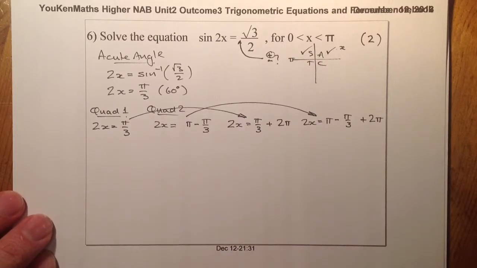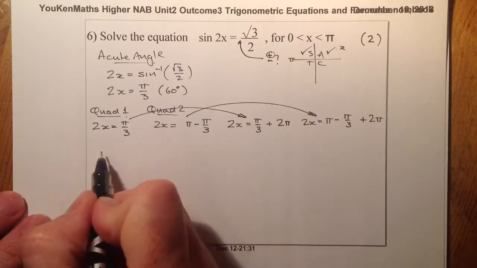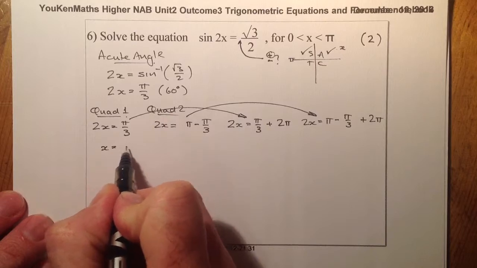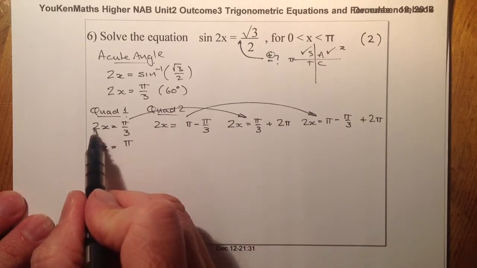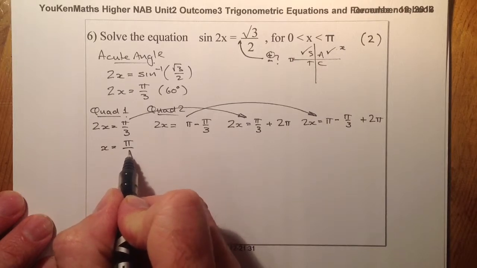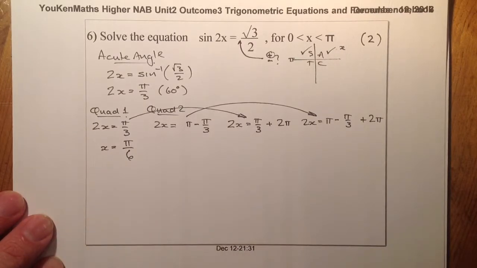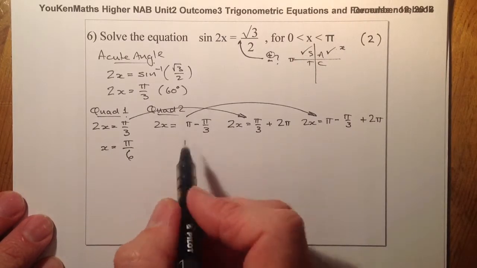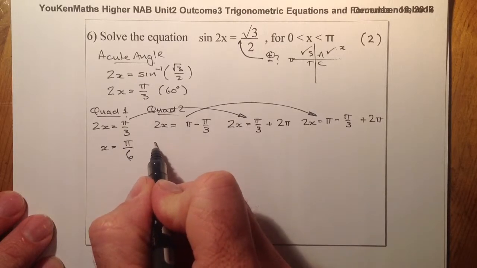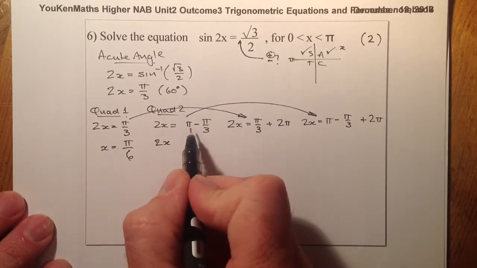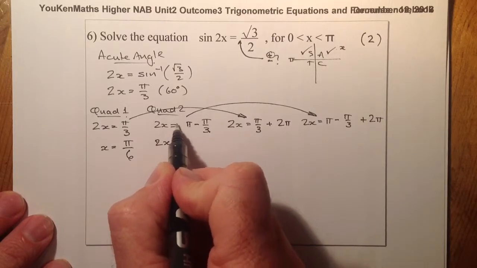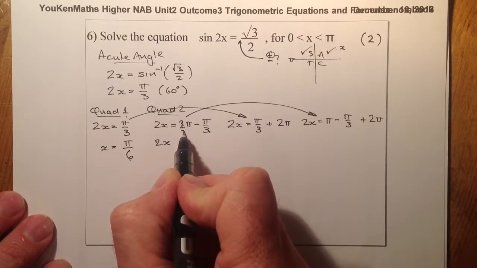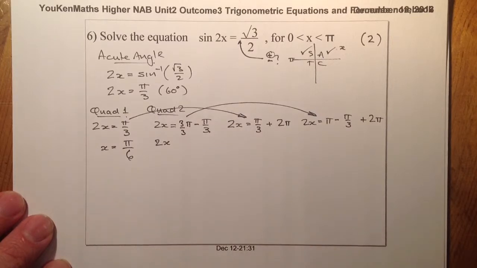Right, let's go and work out what x is equal to here. So I've got x is equal to pi over, so it's going to be 3 divided by the 2, so that's just going to be pi over 6. From here, what I've got is 2x is going to be equal to, and if I look at working in thirds, I'm just going to change this here to thirds.